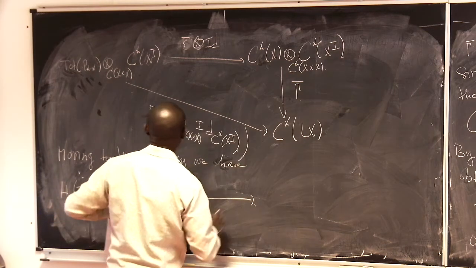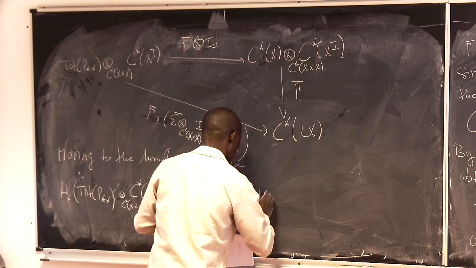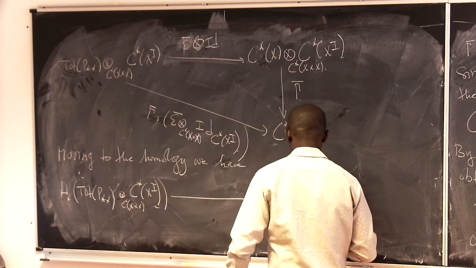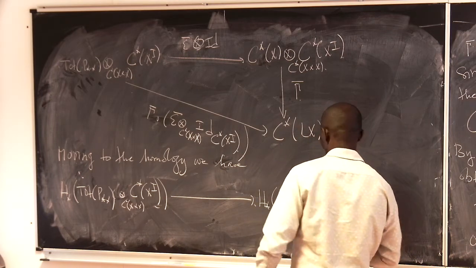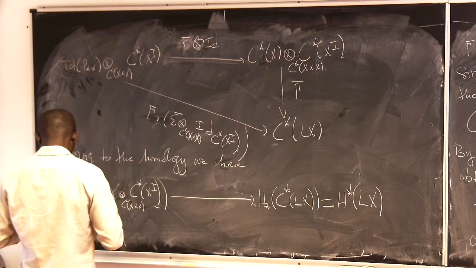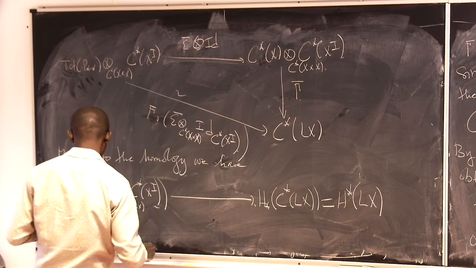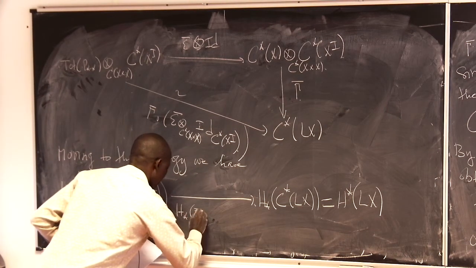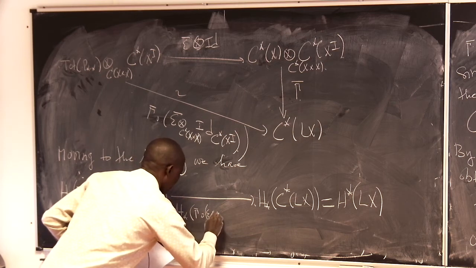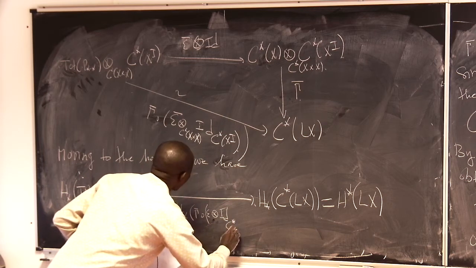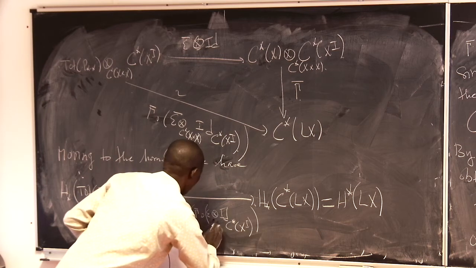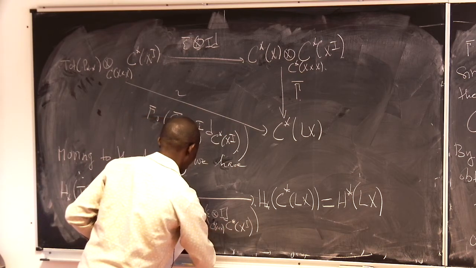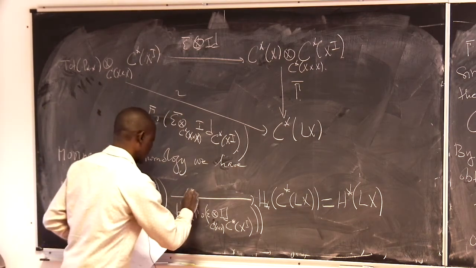And then which is just, and here we have this, which is of course a quasi-isomorphism. And this is an isomorphism.